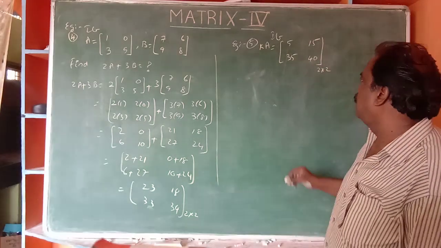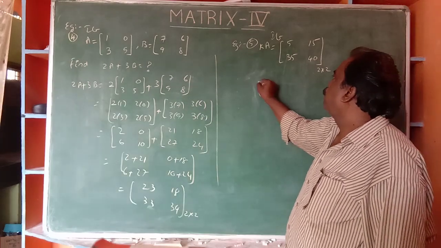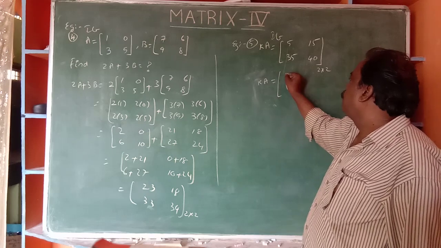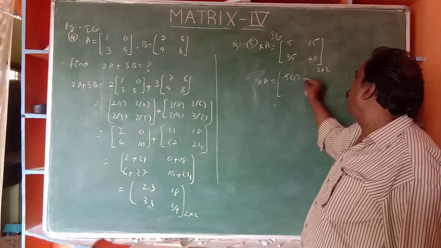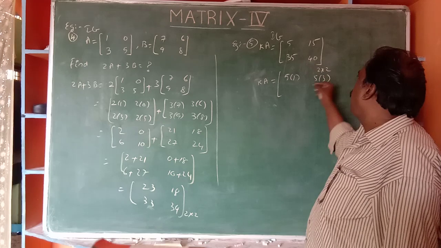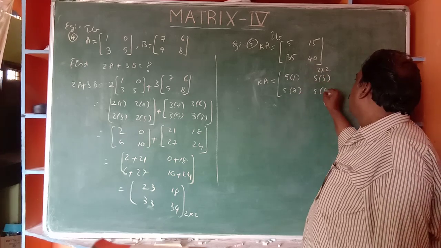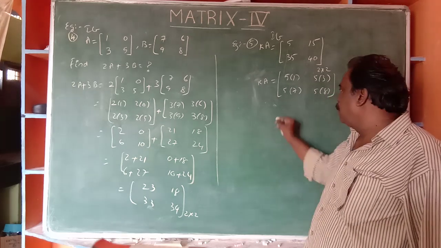Can you find A? Here KA is equal to 5 into 1, 5 into 3, 5 into 7, 5 into 8.